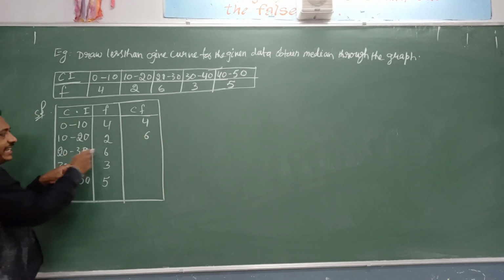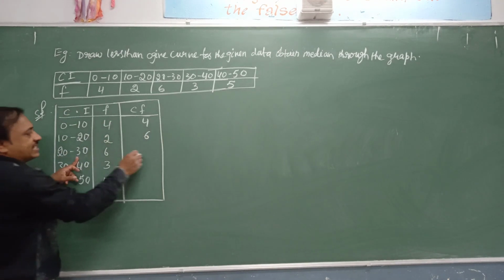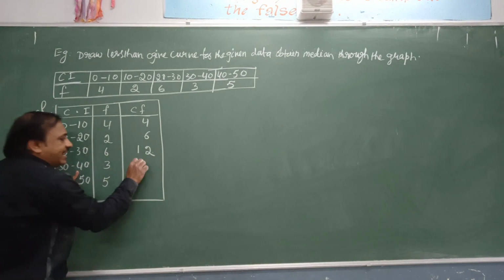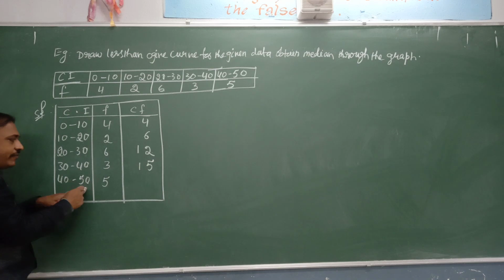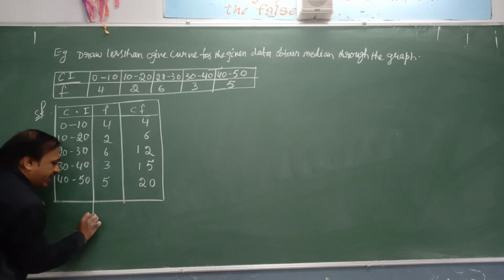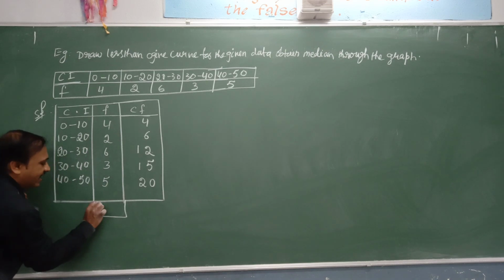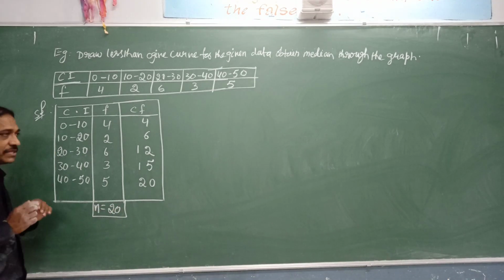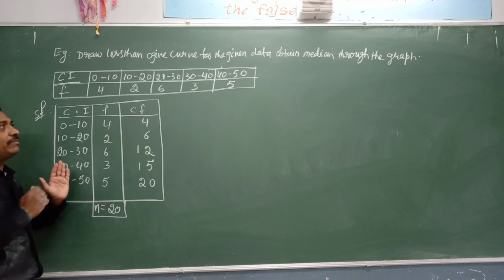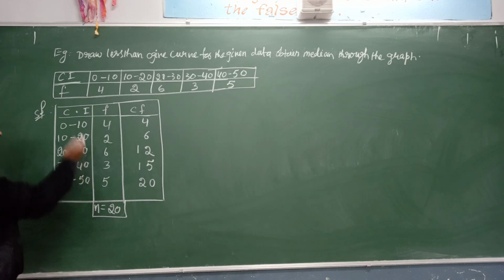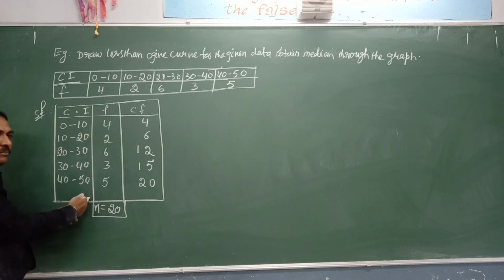Less than 30: 6 plus 6 is 12. Less than 40: 12 plus 3 is 15. Less than 50: 15 plus 5 is 20. So the total frequency is denoted as n, and n equals 20 here. Observe it: for less than cumulative frequency, we consider all upper limits.